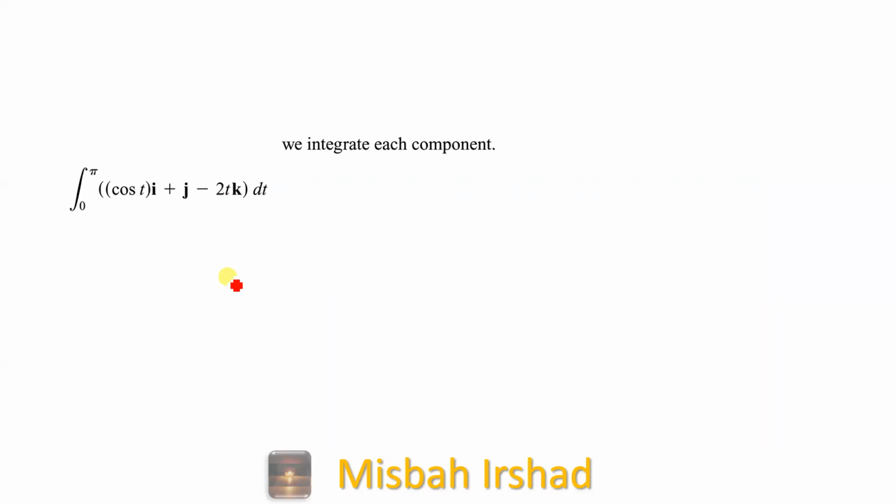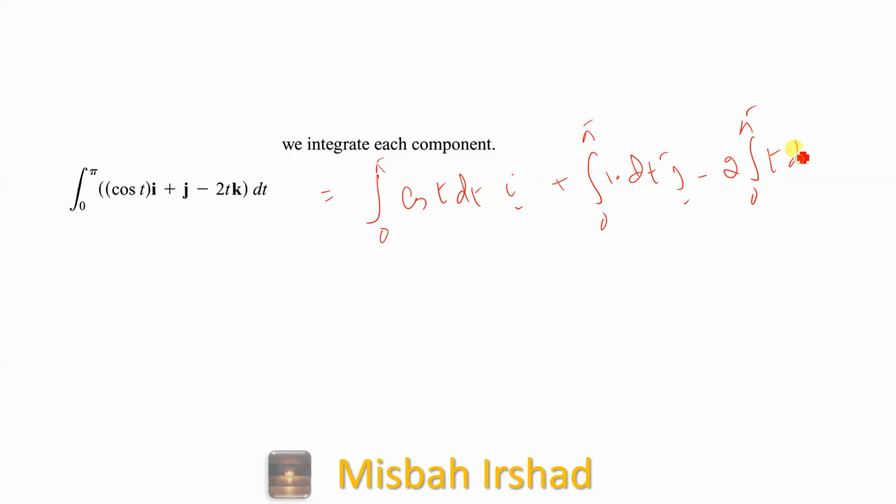If we have this function, this can be integrated component wise, like the integral of cos t dt i plus, this is the same as the function we just integrated in the previous slide, and similarly this becomes negative 2 times the integral from 0 to π of t dt k.